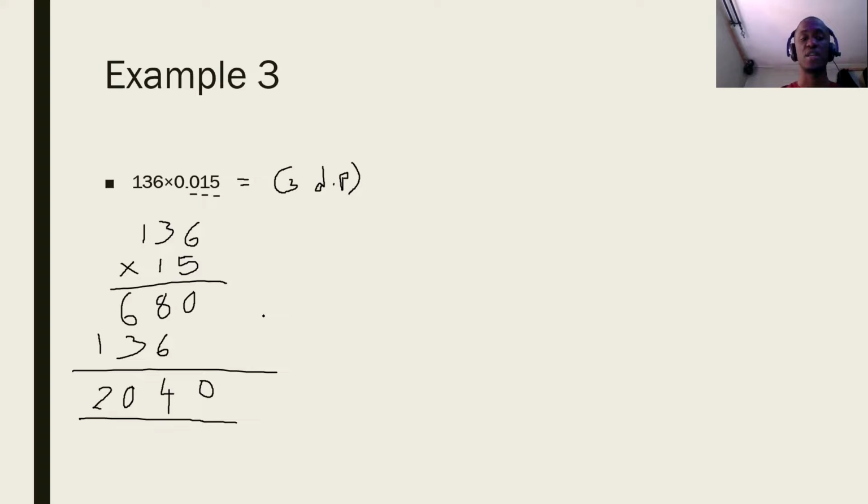So we have 2040. Class, how many decimals did we remove? We removed 3 decimal points. So we are going to bring back how many decimals? 3 decimal points. 1, 2, 3. So now our final answer is 2.040, which is the same as 2.04.